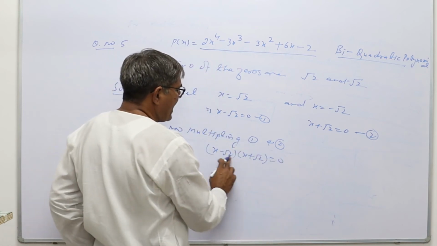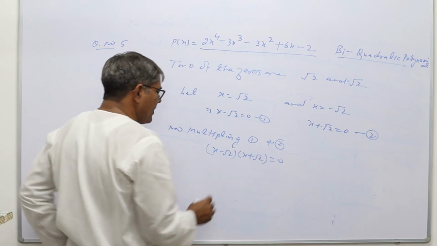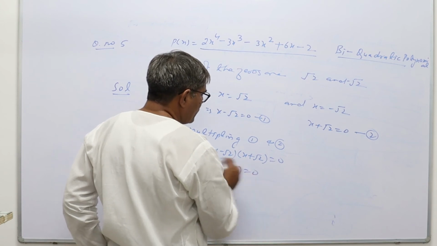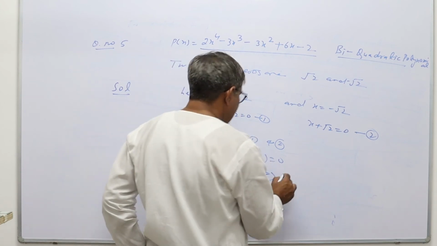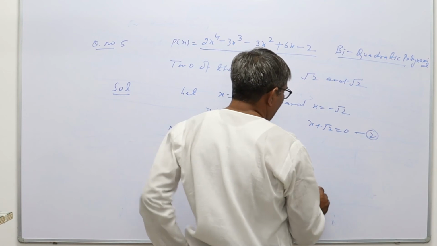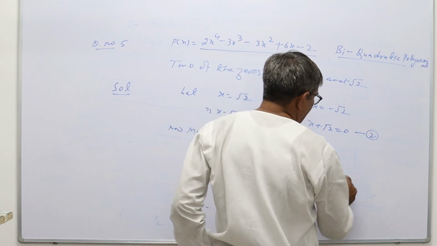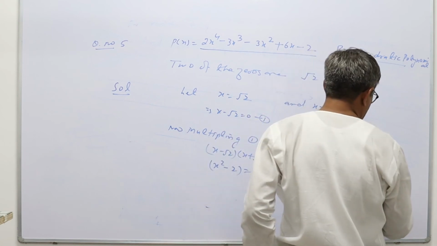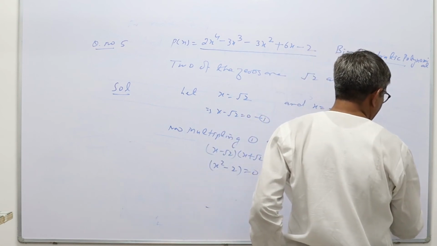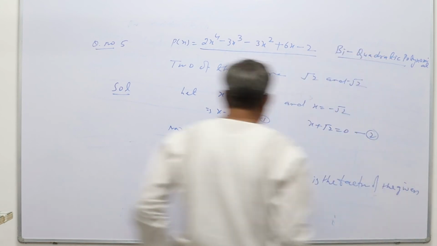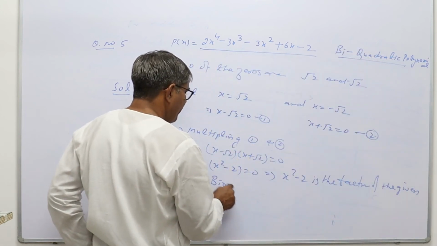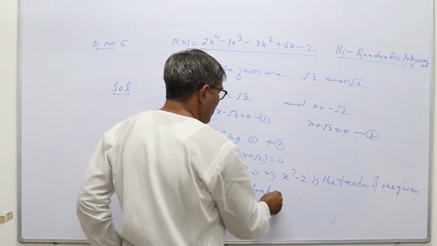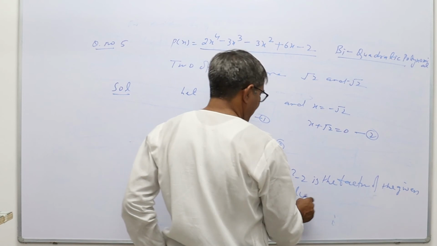So using the formula (a minus b) into (a plus b) equals a square minus b square, we get x square minus 2 equals 0, which implies that x square minus 2 is a factor of the given biquadratic polynomial.